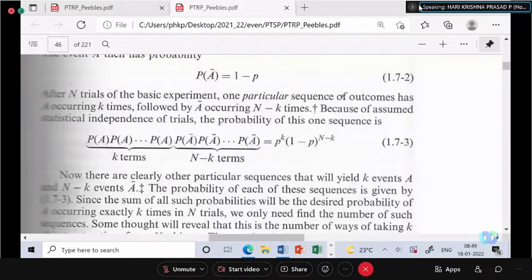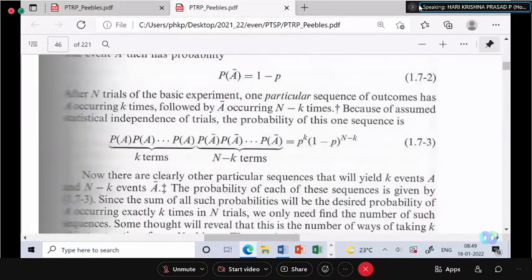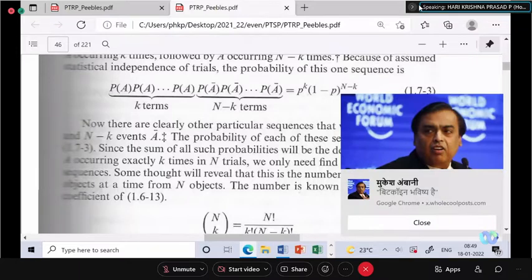So, the probability of an event that includes k times event A, n minus k times event A complement is given by the expression 1.7-3. Now the question is, how many times this particular combination is happening?